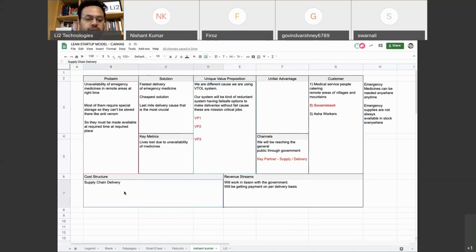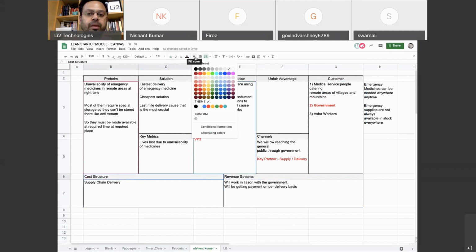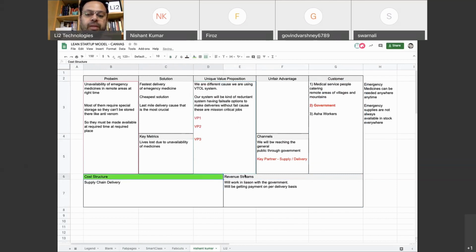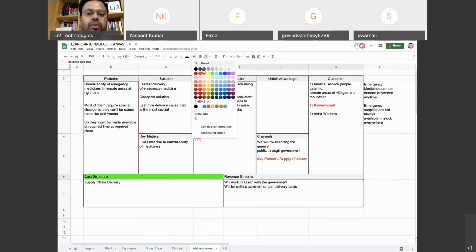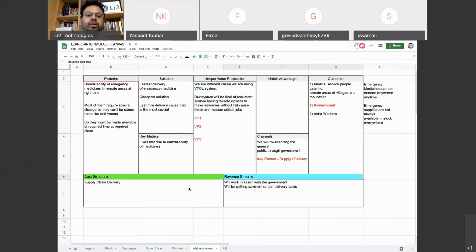The bottom two tabs that we see are the most important tabs: the cost structure as well as the revenue stream. These two are the most important things, right? So cost structure, where is the cost going to come to you? The cost to you is supply chain delivery.